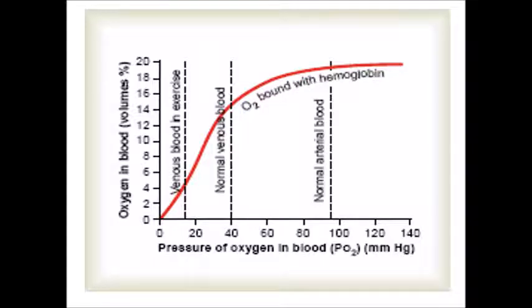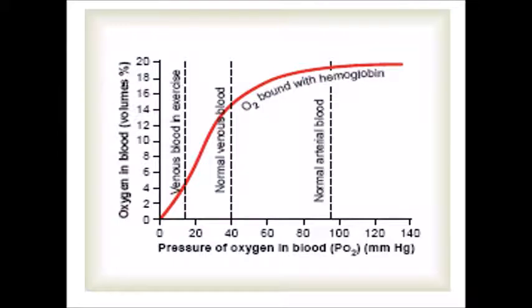Now the middle dotted vertical line shows normal venous blood. In normal venous blood, the PO2 will be 40 millimeter of mercury and volume percentage of oxygen will be 14.4 ml in 100 ml of blood.